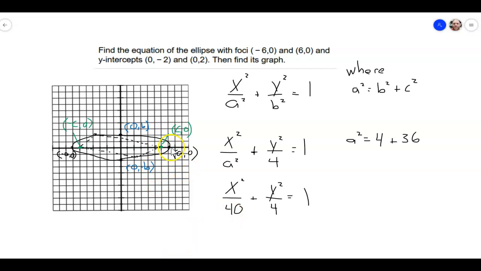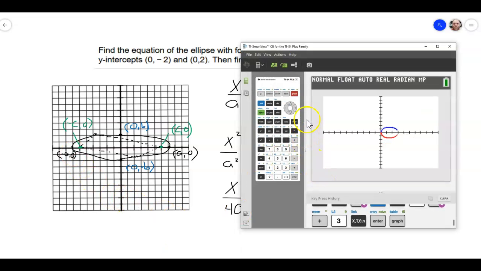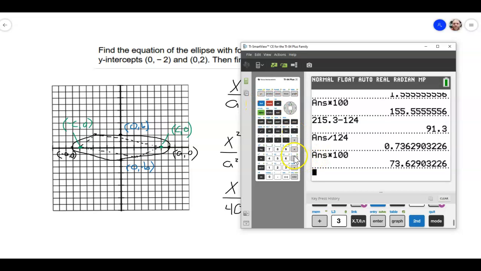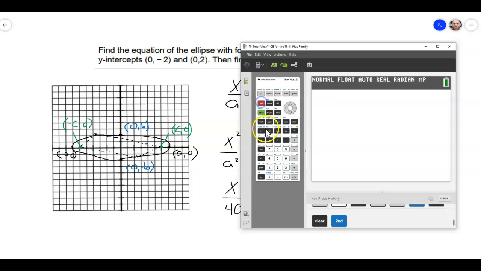If I want to get a good idea of where the intersect is on my x-axis, I can take out my calculator and do the square root of 40, and I get 6.3. So it's just beyond the foci there. I went a little bit too far in my drawing. If I was actually graphing this, the foci is at 6, so it's just barely beyond my foci, right about 6.3.